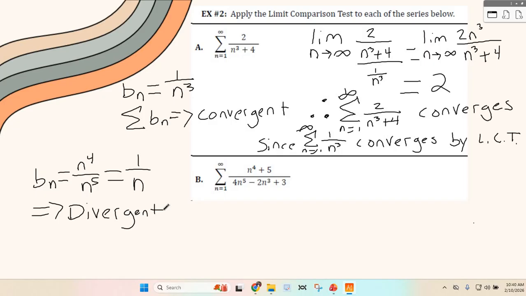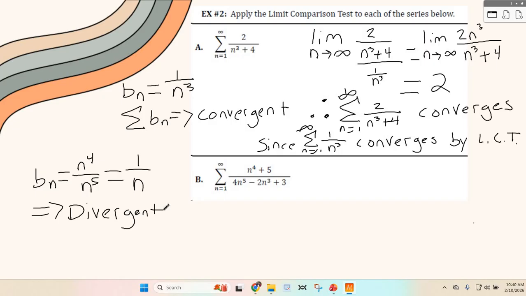Because remember, I'm not using the direct comparison test. If I was using a direct comparison test, I would need to be able to convince myself that my b sub n was either bigger or smaller as necessary, and that that n cubed wasn't really affecting it. Are you with me there? Yeah. Okay. But with my limit comparison test, basically what we're doing is we're trying to set ourselves up to where I get something that looks like this.